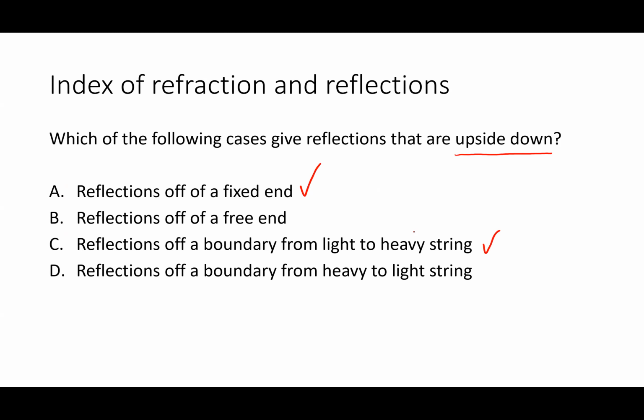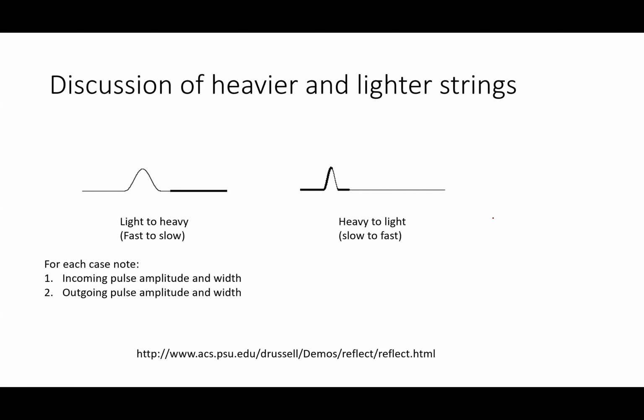So the first thing that we need to remember, and it seems weird that we need to remember this at this moment, is which of the cases give us upside down reflections. This was when we were playing with a string. The idea was that if a wave came on a light string and reflected off a heavy string, that was like reflecting off of a fixed end, and so it came back upside down.